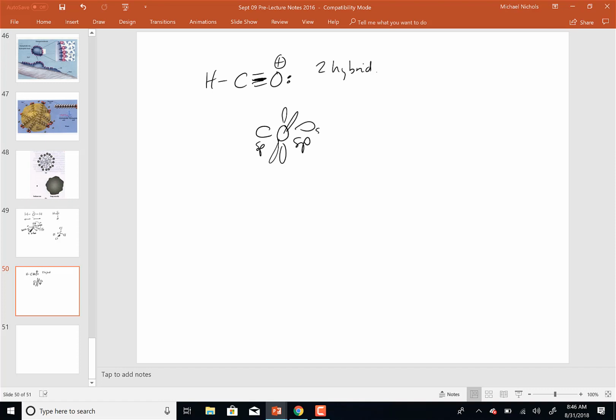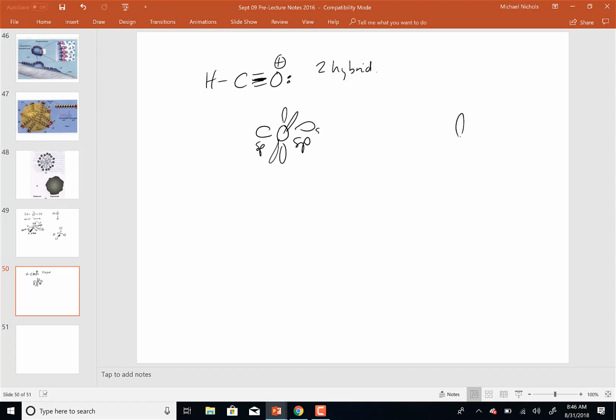So hybrid lone pairs always go in the hybrid orbitals. Okay. So that formula is the first part to know about this problem. The second thing is that we've got to put the lone pairs in the hybrid orbitals. And you may ask, well, why can't they go in the p orbitals?